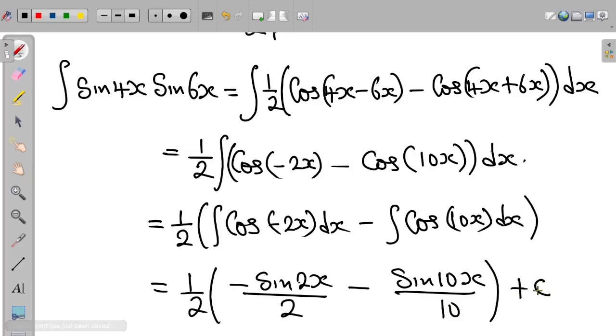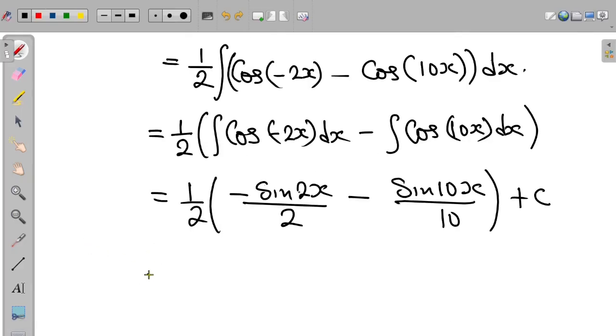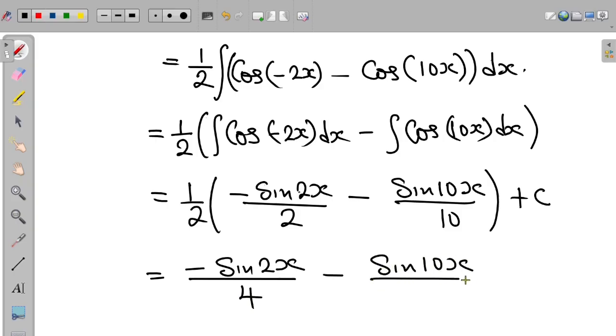integration constant c. So at this point, we multiply the expression by 1 divided by 2. So we have that this is minus sine 2x divided by 4 minus sine 10x divided by 20 plus c.